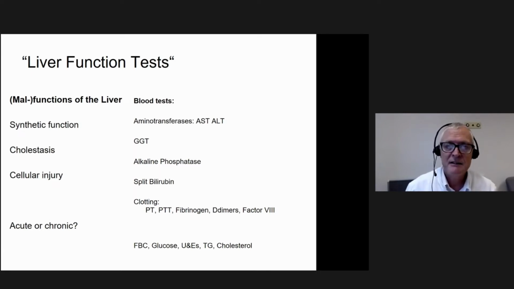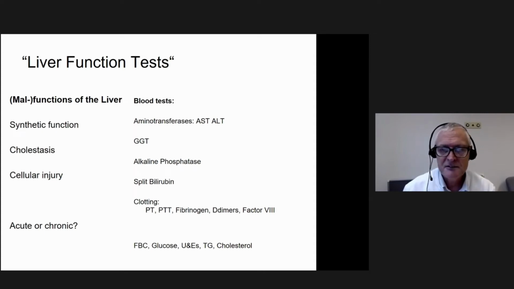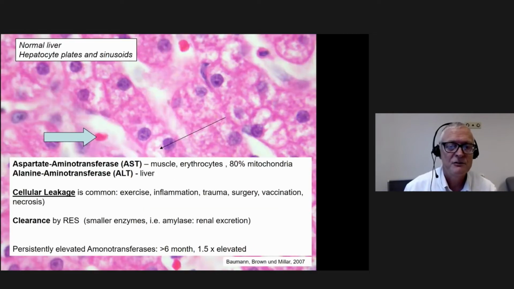And factor 8 is the one test to help you distinguish. In case of consumption, factor 8 will be low as well. In case of genuine liver failure, factor 8 is usually overcompensated, well over 100, sometimes over 200% of normal. Extended liver function tests I see also as full blood count, glucose, urinalysis, and the lipids, triglycerides, and cholesterol.